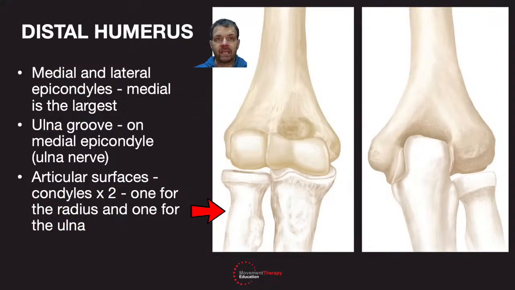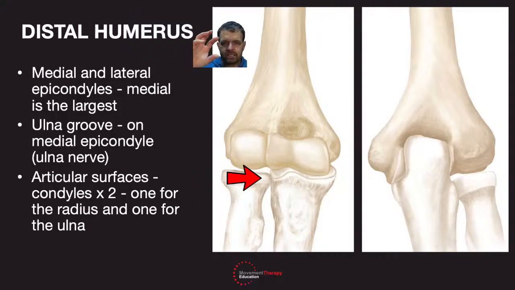Just move me again. There we go. So this is what it looks like from the front, and we've got these lumps on the end of the humerus, and can you see the different shapes of them? So this is kind of like a bow tie shape on this side, and this bone here is the ulna bone, so the long forearm bone, and the ulna is shaped differently to the radius.